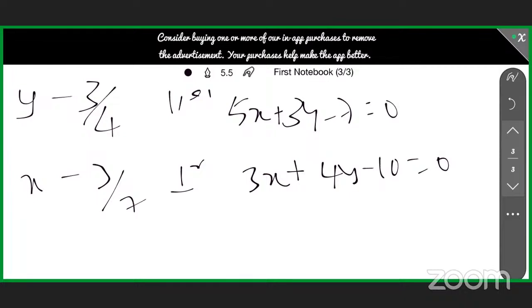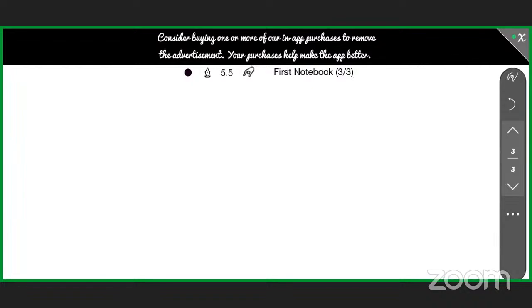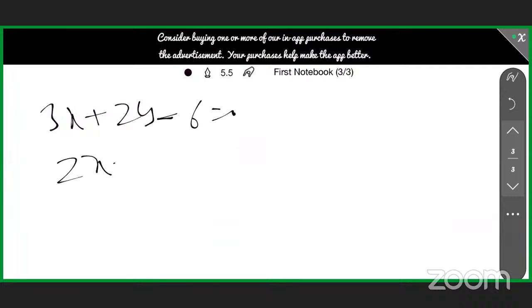This question is easy. I'll give it as homework. Let us see what you will do. The sides of a triangle are given: 3x plus 2y minus 6 is equal to 0, 2x minus 3y plus 6 is equal to 0, and x plus 2y plus 2 is equal to 0.